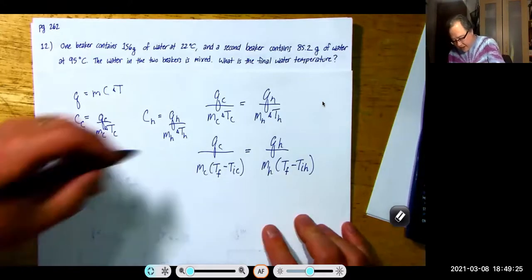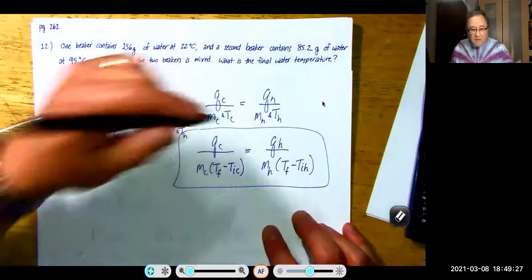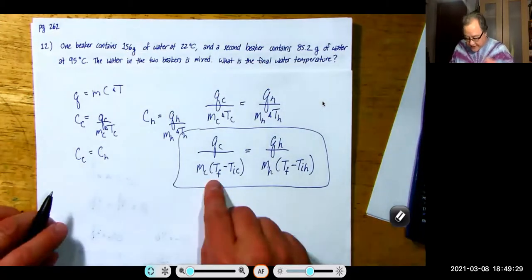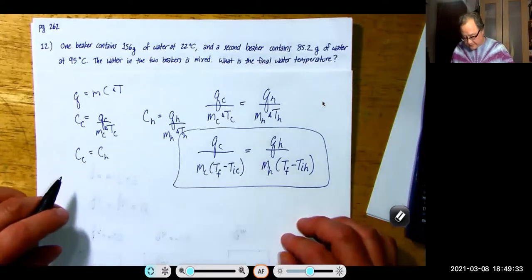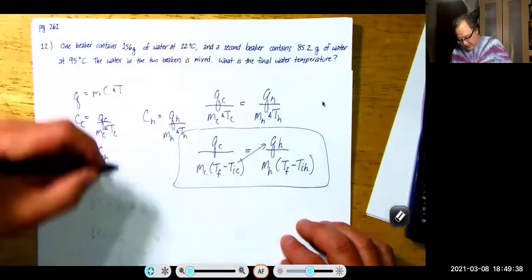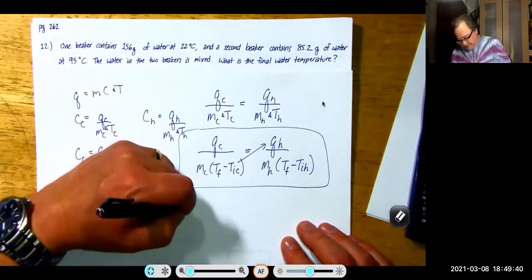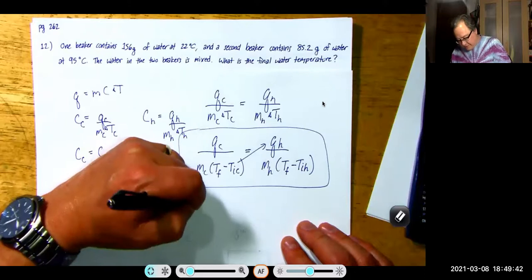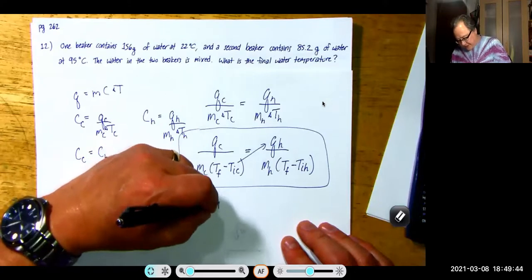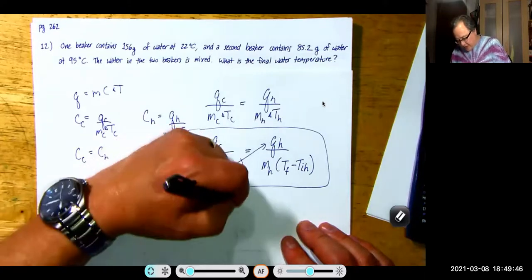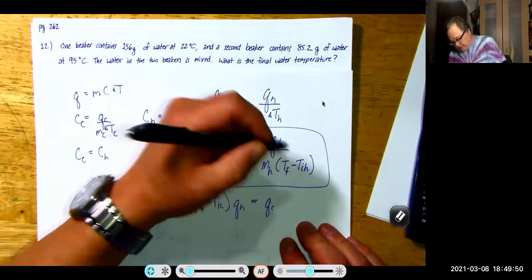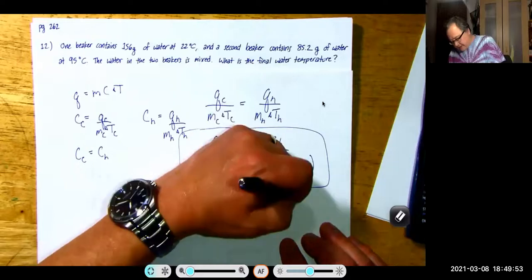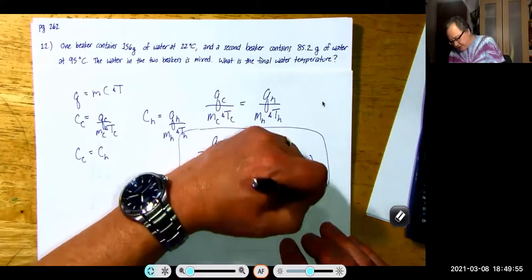So basically now all we have here is just a big old math equation where we need to get TF on one side and everything else on the other. So I'm going to do a little cross multiplication and get m C times (TF minus TIC) times Q of the hot is equal to Q of the cold, mass of the hot, T final minus T initial of the hot.